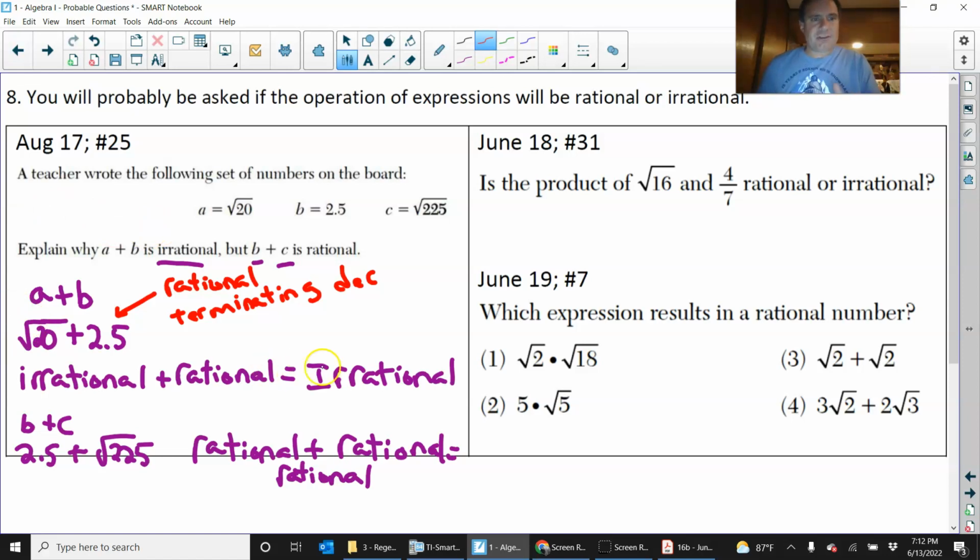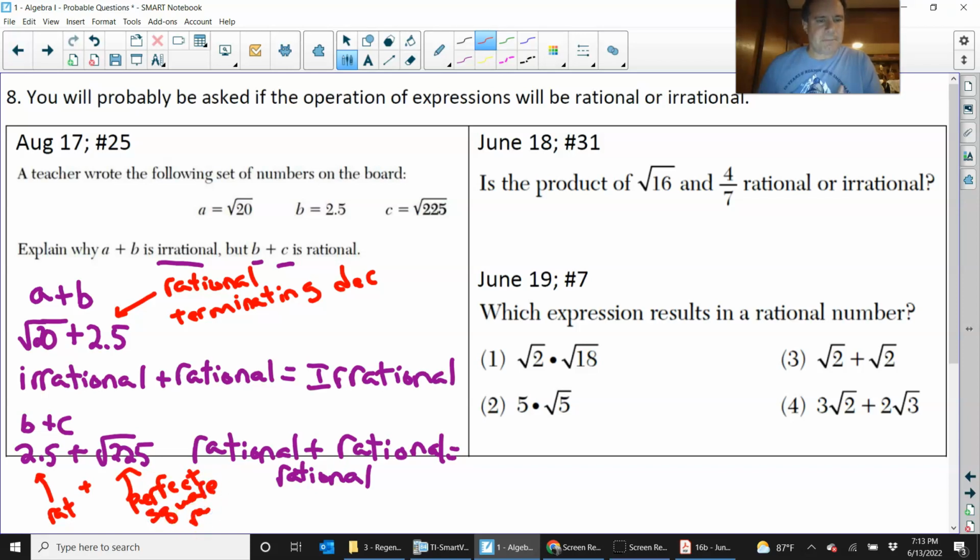So an irrational plus a rational equals irrational. B plus C: 2.5, again, is a terminating decimal, so that is rational. Square root of 225 is a perfect square. Perfect squares are rational. Rational plus rational equals rational.